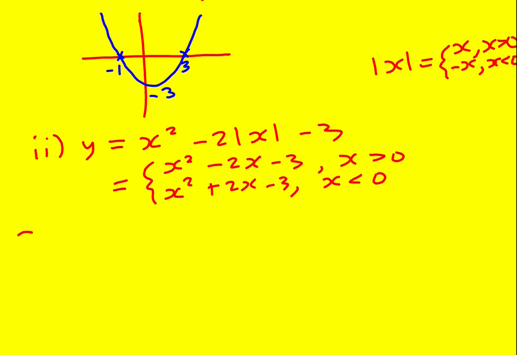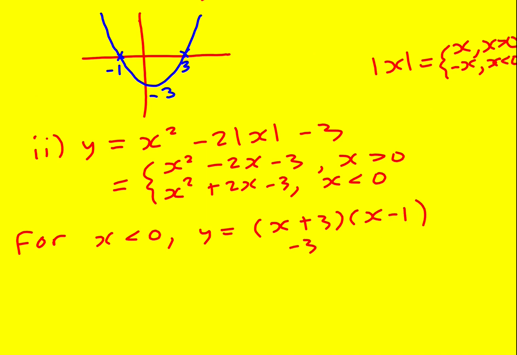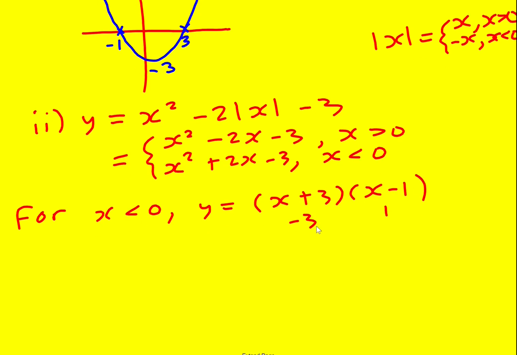I just need to look at that one in a little bit more detail. So for x less than 0, y is going to be x plus 3, x minus 1, which gives us a root at minus 3 and 1.